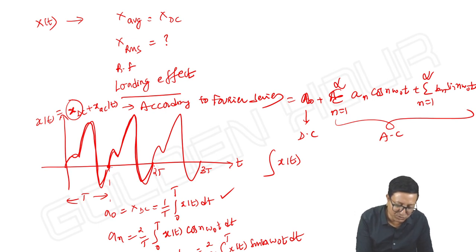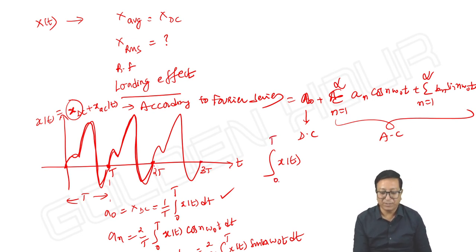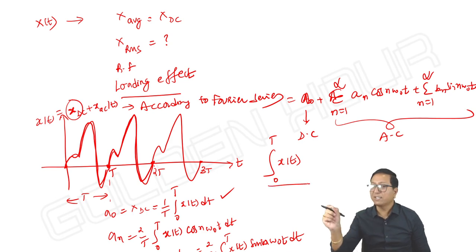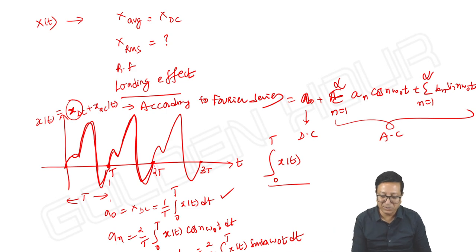Whatever I have from 0 to T, the same thing is repeating from T to 2T, 2T to 3T, etc. So 0 to T. Instead of taking discrete samples, the number of students, I am taking the total period. Very simple. That gives us the average amplitude of the signal.